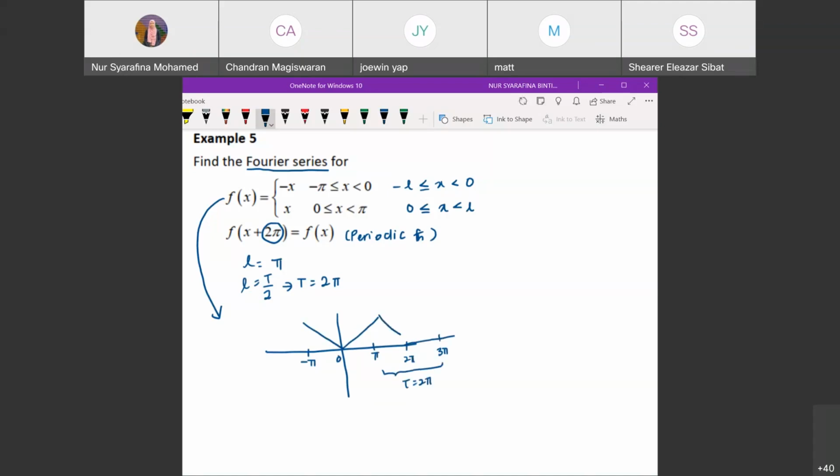So it is repeated again. Okay, so now as you can see from the shape of the graph here, is it even or odd?